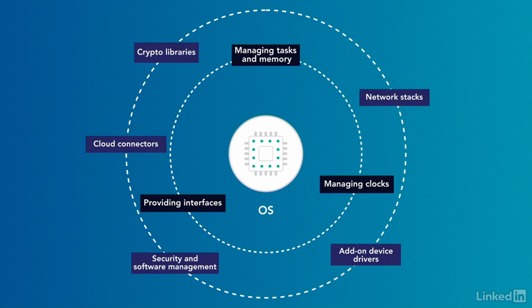Some examples include crypto libraries for security, cloud connectors for interacting with various cloud endpoints, networking stacks for data transfers, security and software management, as well as add-on device drivers that can make our software manipulate many peripherals such as sensors and actuators.